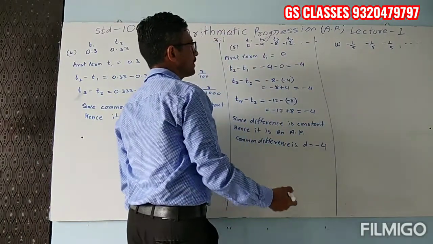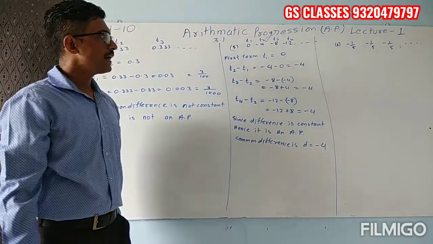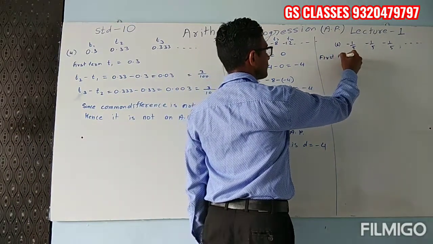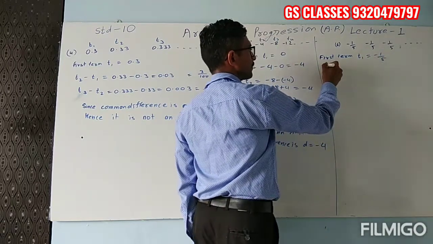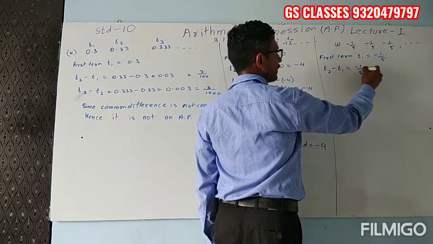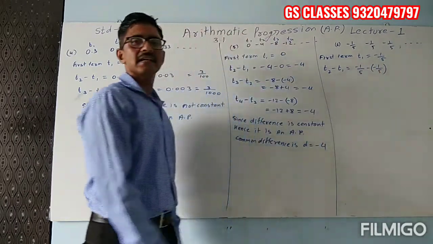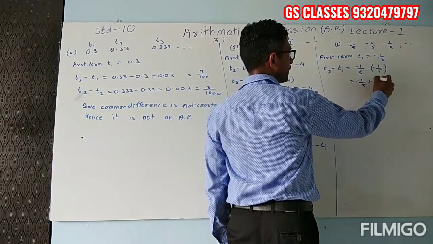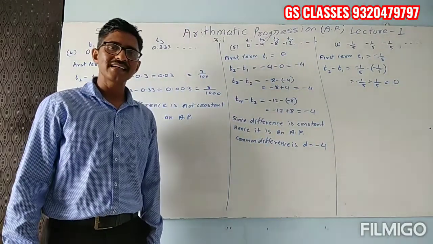Now let's begin with the next question. Here also you can write your first term. What is the first term? Minus 1 by 5. Now T2 minus T1 will be minus 1 upon 5 minus of minus 1 upon 5. Minus 1 upon 5 plus 1 upon 5, what is the answer? 0.